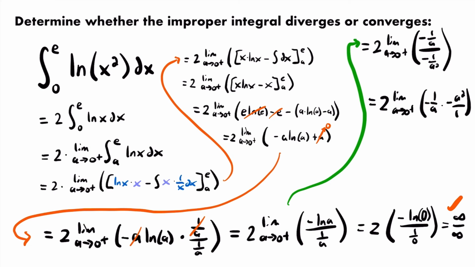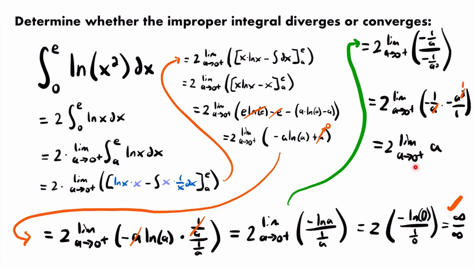Now, these two negatives will cancel out, and then we have a squared divided by a. One of those a's will cancel out, and so we're just left with 2 times the limit as a approaches 0 from the right of a. That's it. All right, this a cancels out with one of those, and so you have a divided by 1, which is just a. And so now we have a very simple limit.